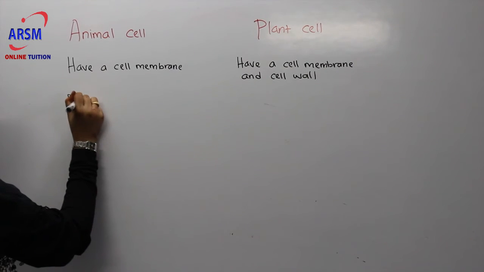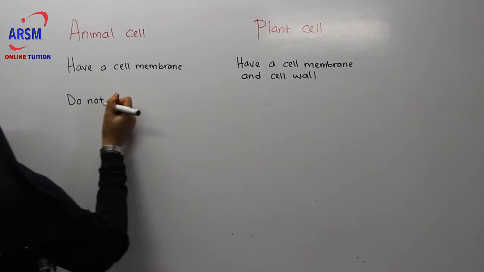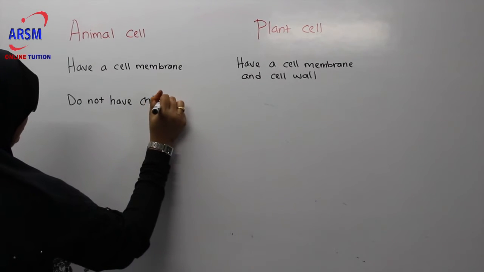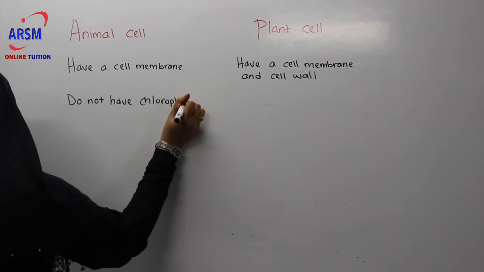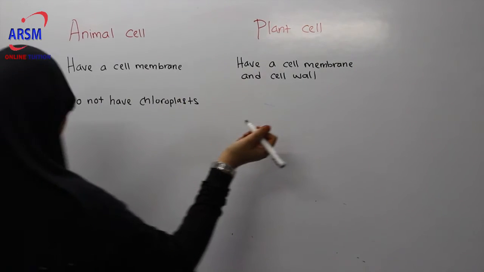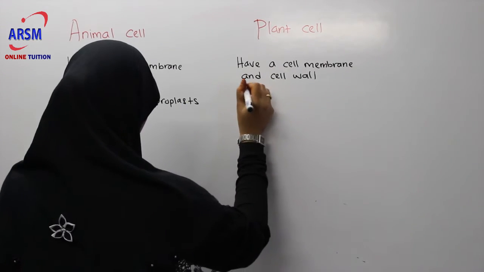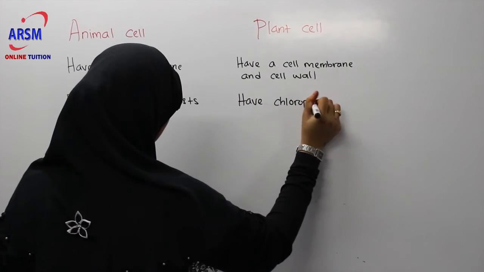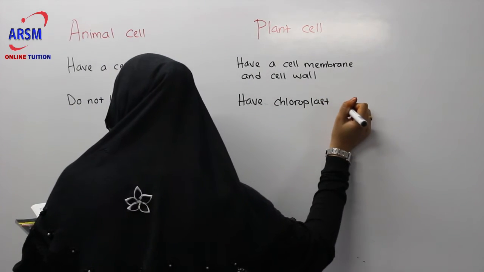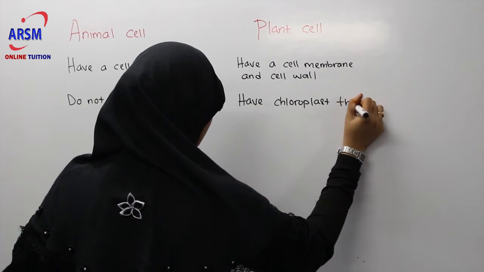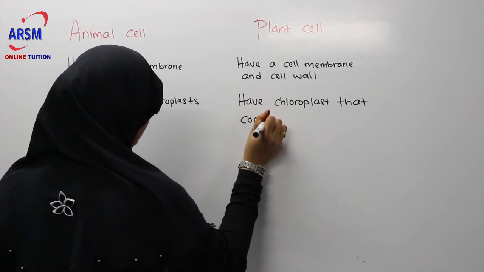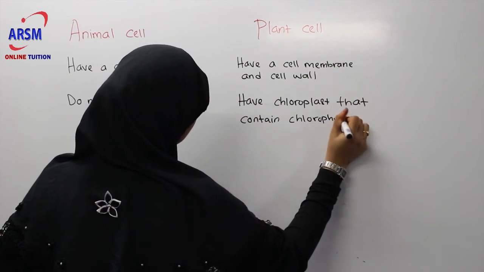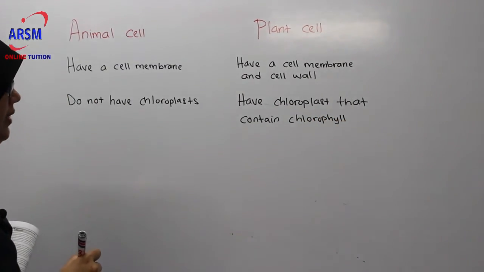Animal cells do not have chloroplasts. Plant cells have chloroplasts that contain chlorophyll, which is very important in the process of photosynthesis.